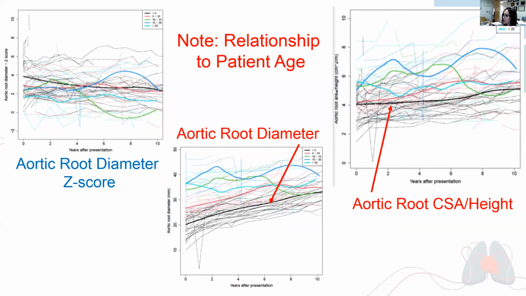If you note, both raw root diameter and cross-sectional area over height tracked quite nicely with age of patients versus the root diameter Z-score, which was essentially not correlated or associated with patient age, which could be a problem in pediatric patients.